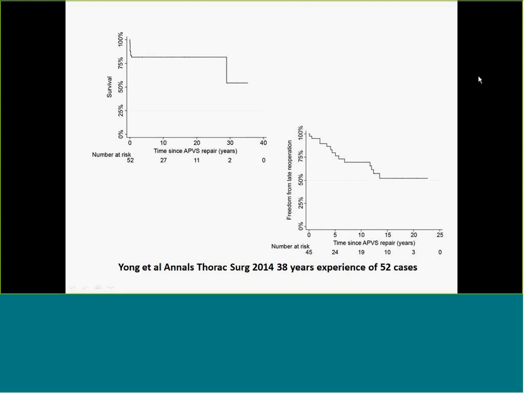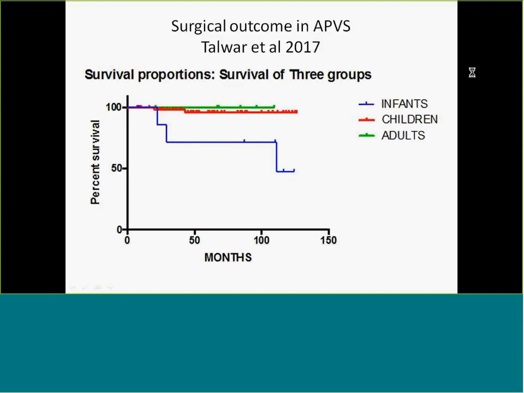And this is a more recent paper which showed the outcome in absent pulmonary valve syndrome from the Institute of Medical Sciences. They had a total of about 40 cases, published in 2017, and there was survival of about 8 years.